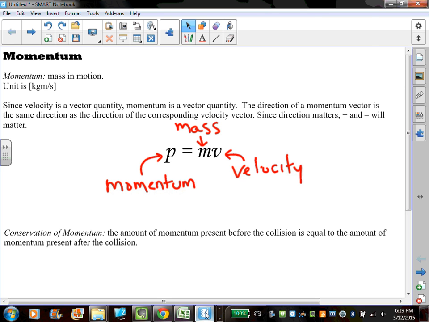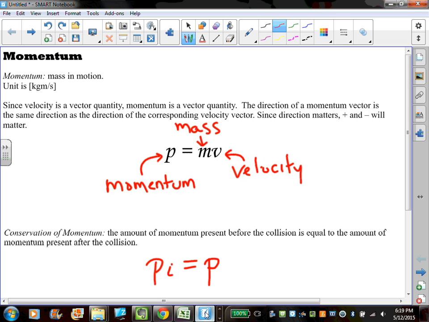So what they're really trying to say is that momentum at the beginning is going to equal momentum at the end. And something I want to add is that this is always going to be true as long as there are no outside forces acting on our system. That is it. We should always see conservation of momentum if that is the case.